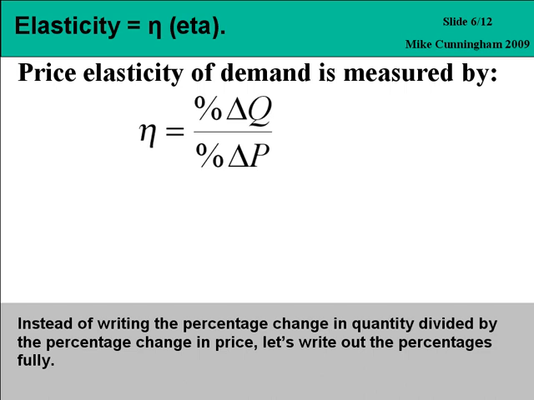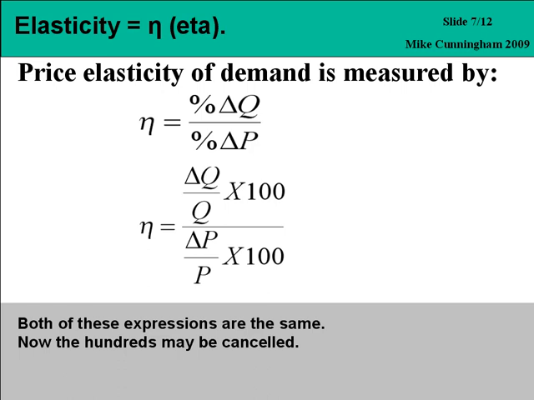Now let's go back to our formula again. We know now that the elasticity, eta, is equal to the percentage change in quantity divided by the percentage change in price. So if we look at this in a bit more detail, if we're going to work out a percentage, what we do is we take the change in quantity divided by the quantity, multiply by 100.